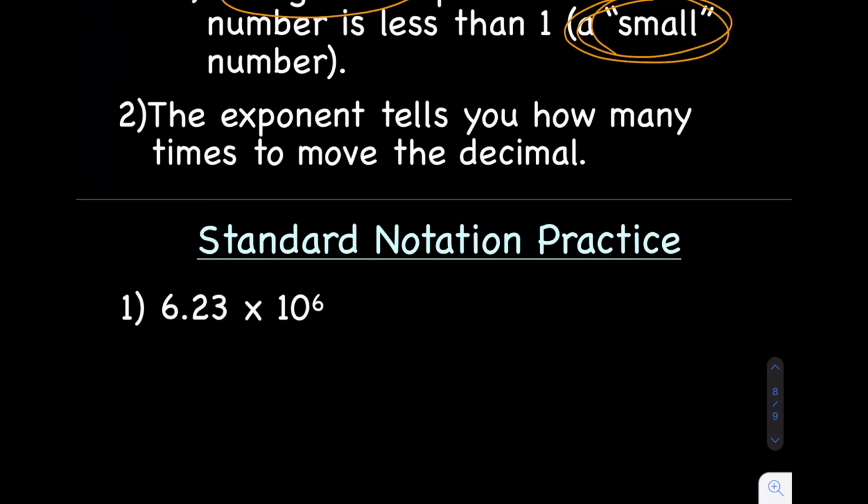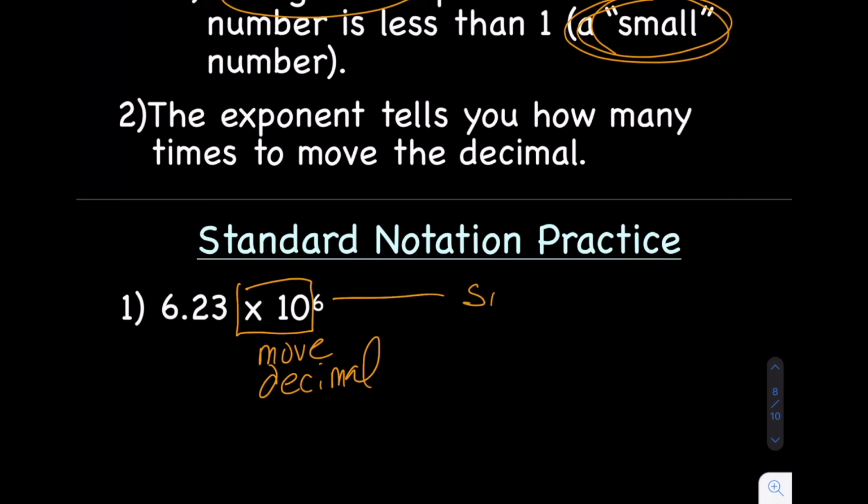Let's say we have 6.23 times 10 to the 6th. We know we need to move the decimal. Well, wait a minute. I said it's 6.23 times 10 to the 6th, which is what it says, but what it really says is 6.23. This means move the decimal six times.